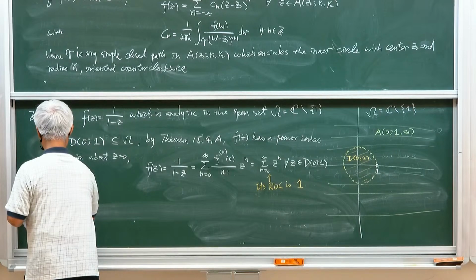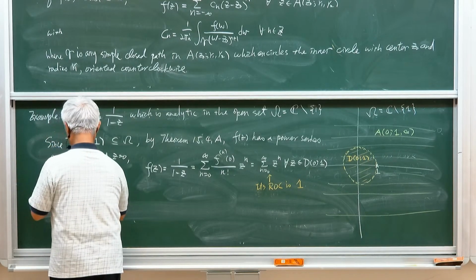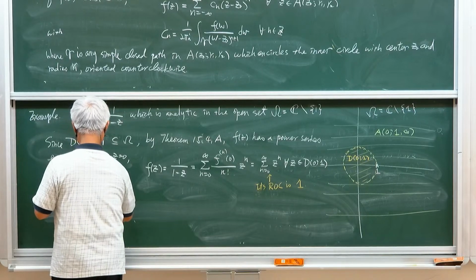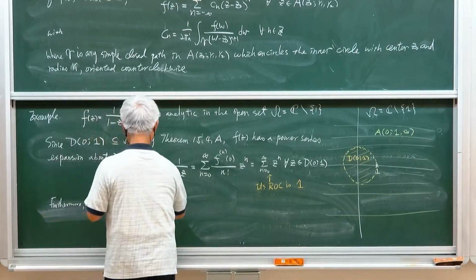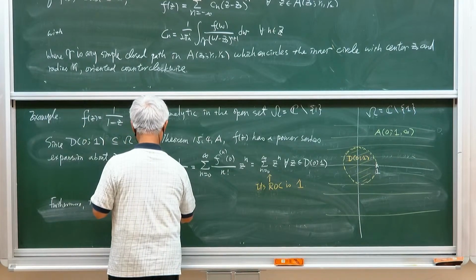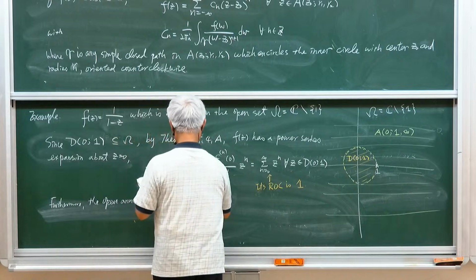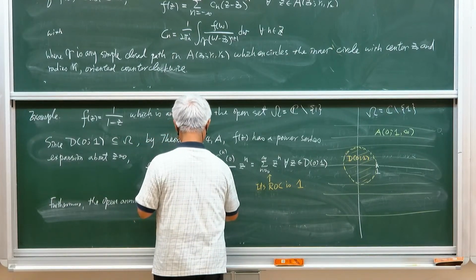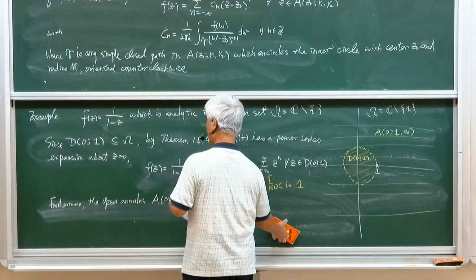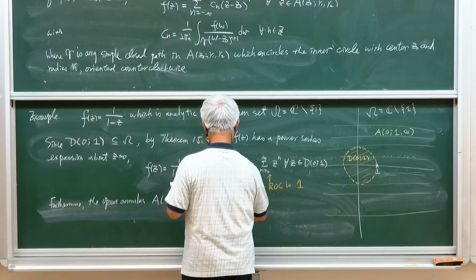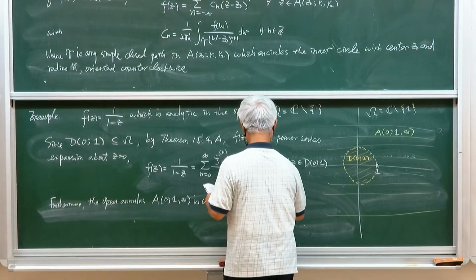Furthermore, the open annulus A(0, 1, infinity) is contained in omega, which is C minus 1.